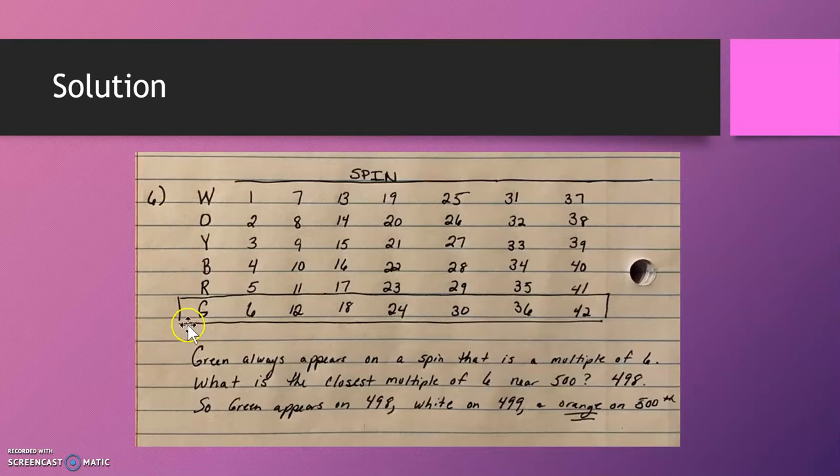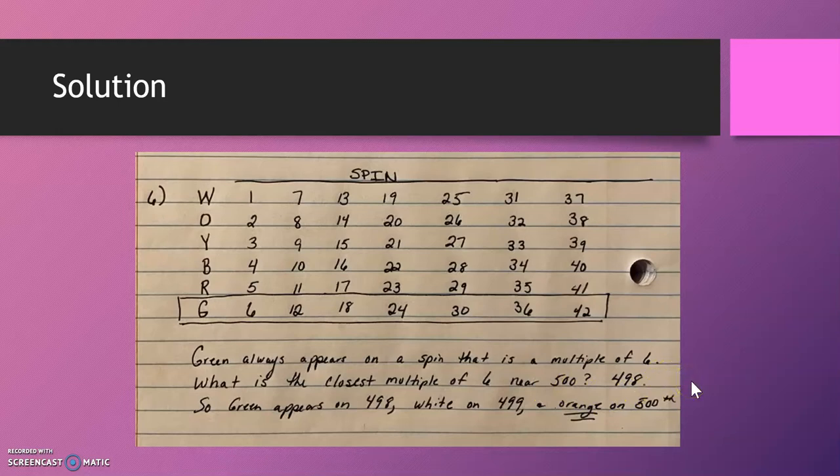Well, I got lucky because I noticed that green always shows up on a digit that is a multiple of 6. So I wanted to find a multiple of 6 that is near 500, but lower than it. And I realized that 498 is the closest multiple of 6.